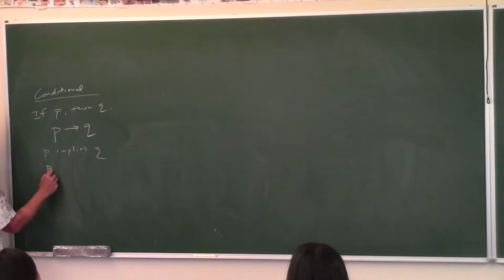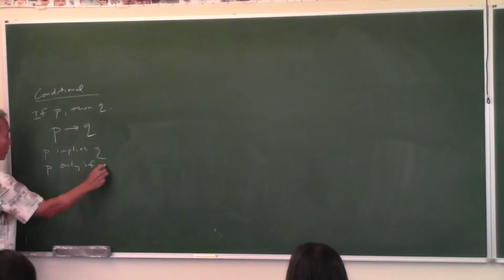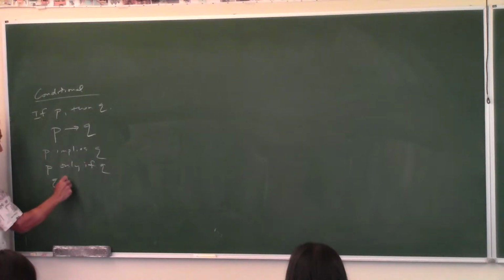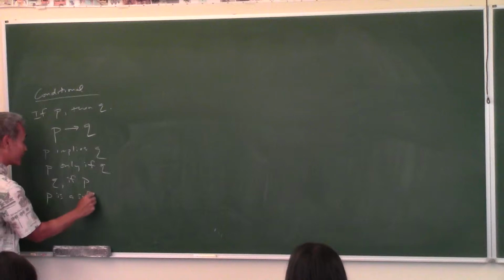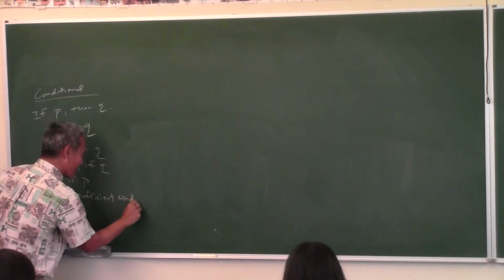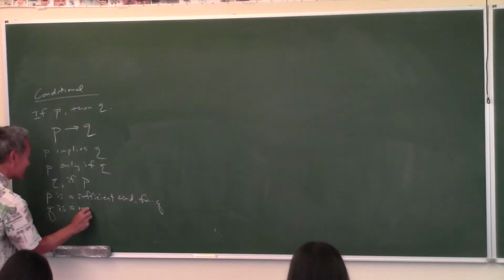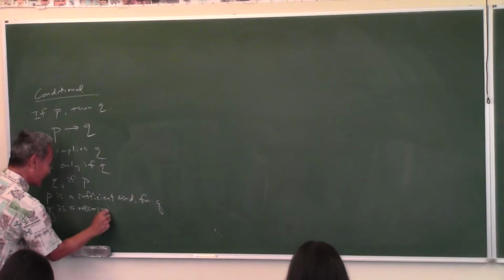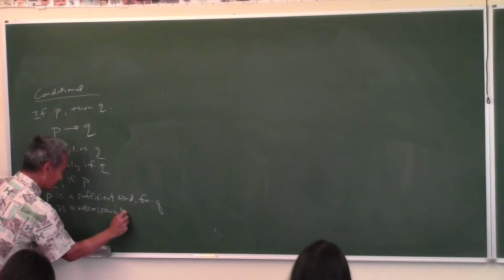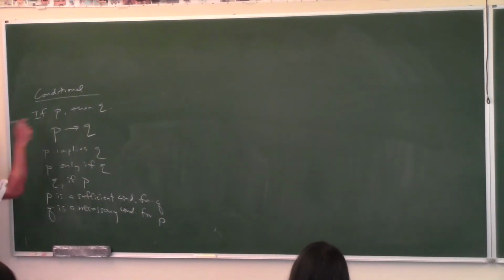P only if Q. Q if P. P is a sufficient condition for Q. Q is a necessary condition for P. All of these mean the same thing. P implies Q.